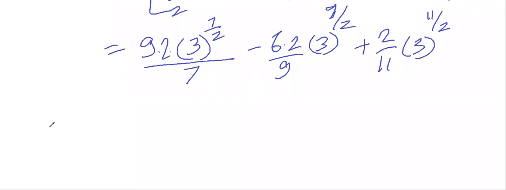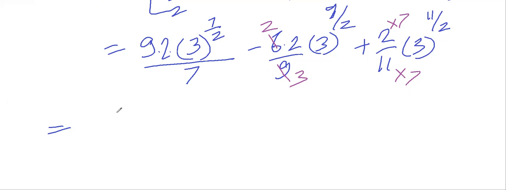If you want, you can reduce this further. How do you reduce? See, I'll tell you. 3 2s are 6, 3 3s are 9. Here 11 is there, here 3 is there, and the 7 is multiplied in.